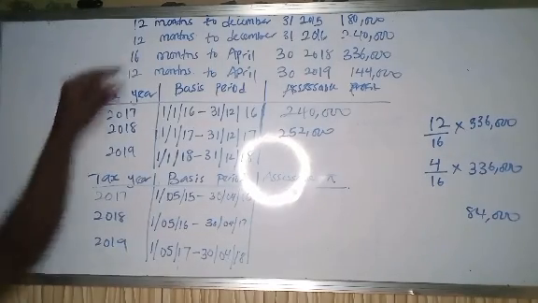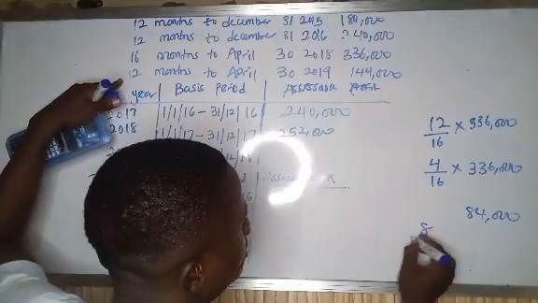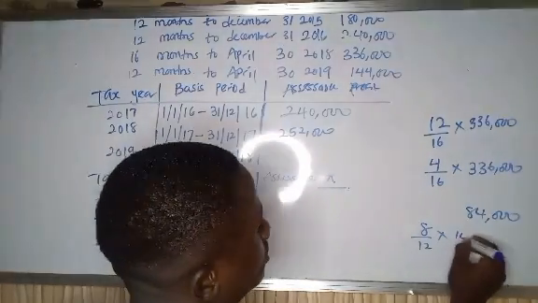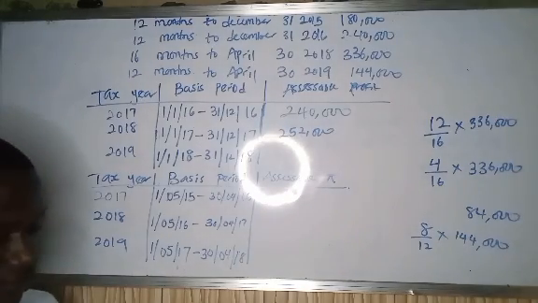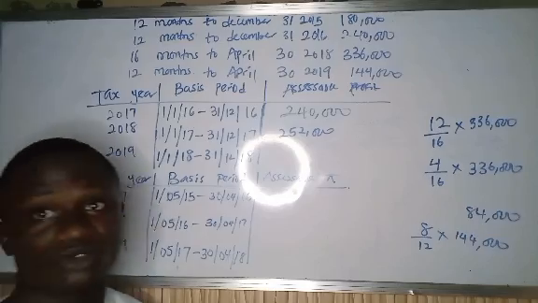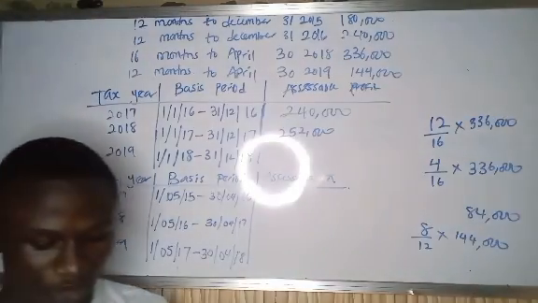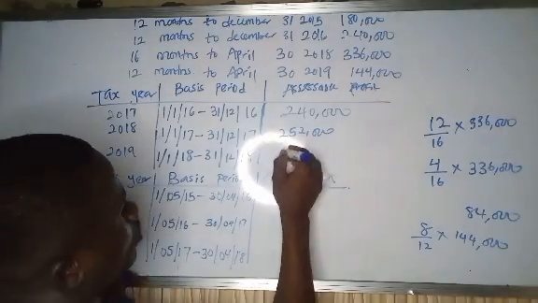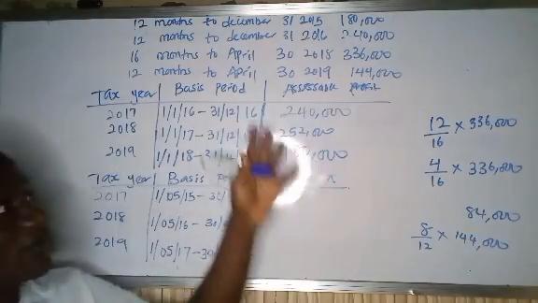So the remaining 8 months will be 8 divided by 12 times, what is the profit? 144,000. So 8 divided by 12 times 144,000, and that's 96,000. So for 8 months is 96,000 and for 4 months is 84,000. So 96,000 plus 84,000 gives me 180,000. I want to believe you understood how I got this.